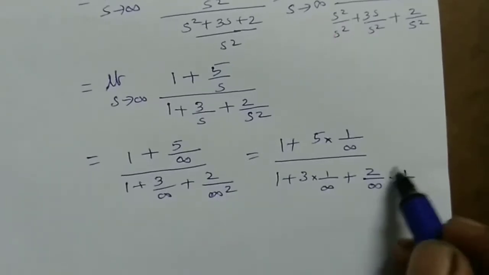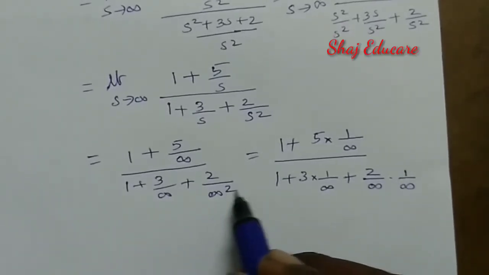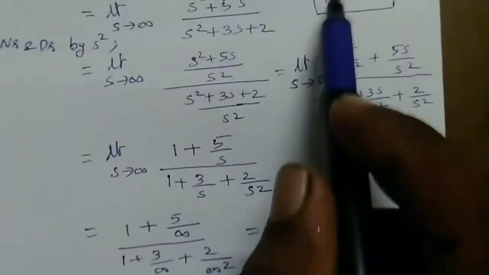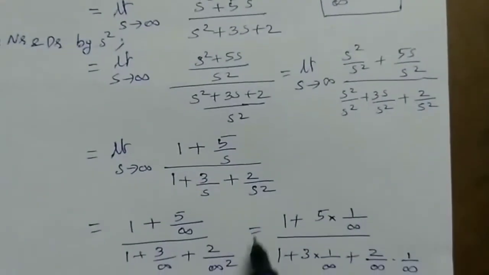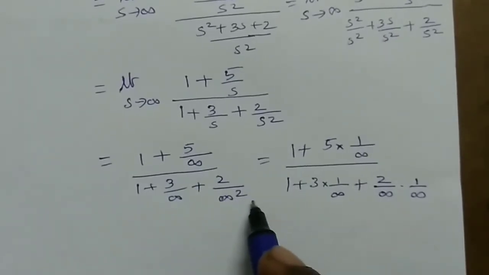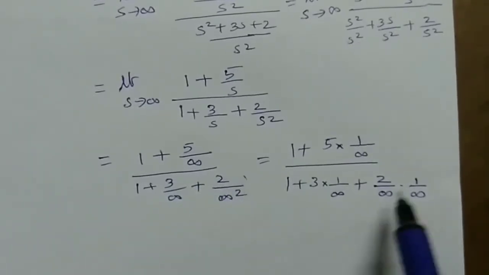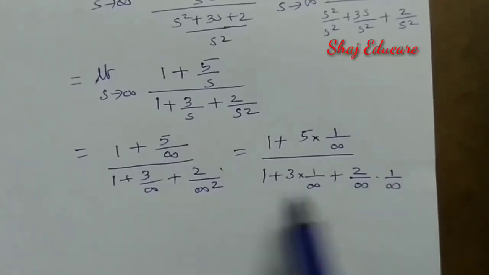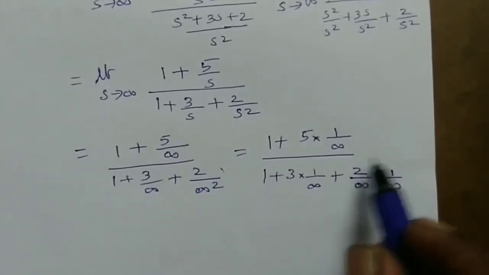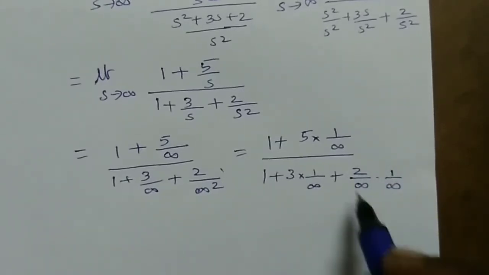I split this infinity squared, but we don't need to, because we know that 1 by infinity is equal to 0. So of course the 1 by infinity squared term will also be 0. Splitting this is not legal, just for understanding purposes.